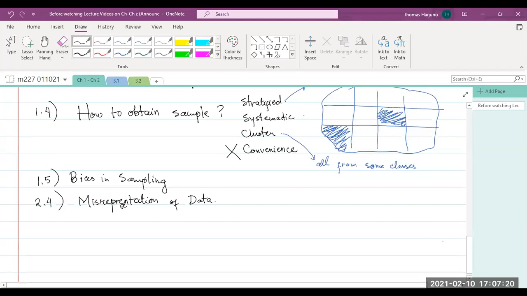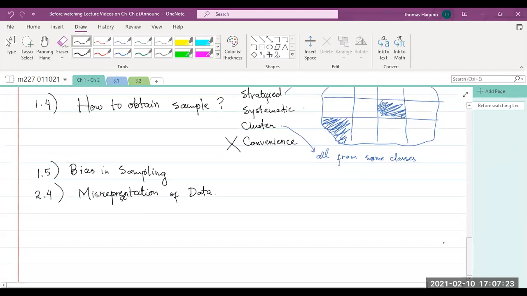So for example, let's say my GPA is 2.9. This is 3, so Thomas's GPA is almost 3, right?